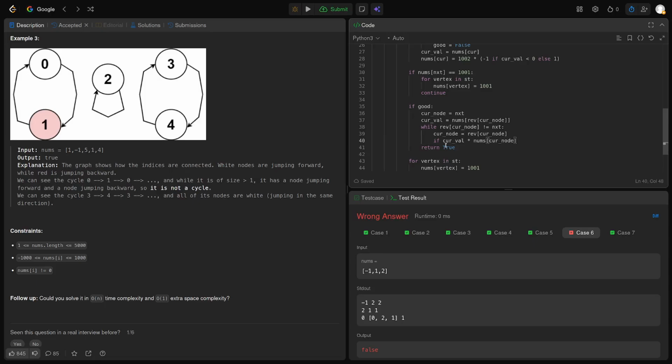So we take the previous node, we check its direction, right? And now while the previous node of that is not the start. I mean, even if it's the start, so wait, so we have the last node, right?